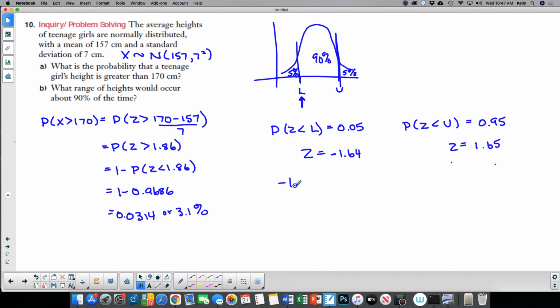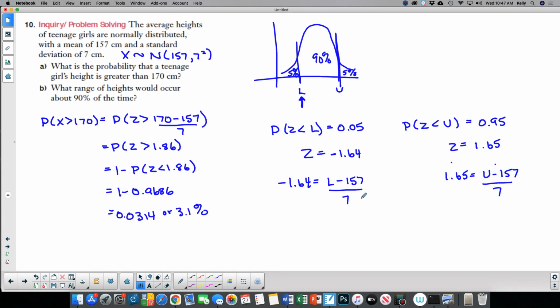But negative 1.64 has to equal the lower bound minus 157. We're doing the z calculation here because we know that the z has to equal this, divided by the standard deviation, which is 7. And then over here, we're going to get 1.65 equals the upper bound minus 157 divided by 7.